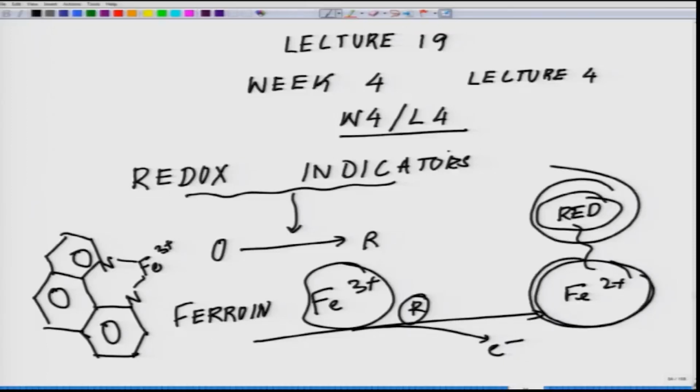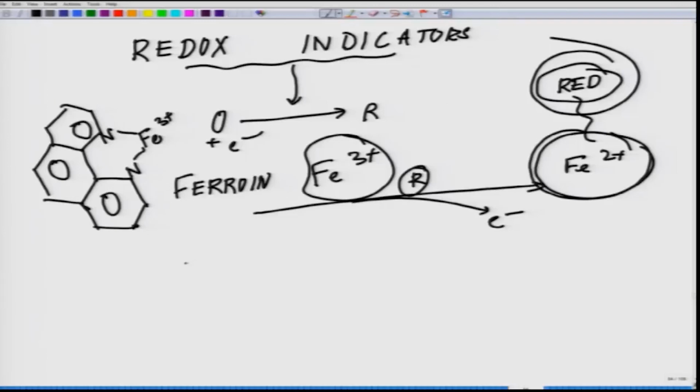So, this is a very interesting situation. If you look at this reaction, what is happening? The oxidized molecule plus electron gets reduced. Now, if you see the left and the right hand side, you can actually write an equation on this.